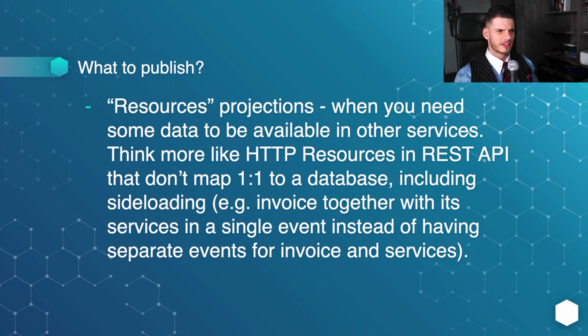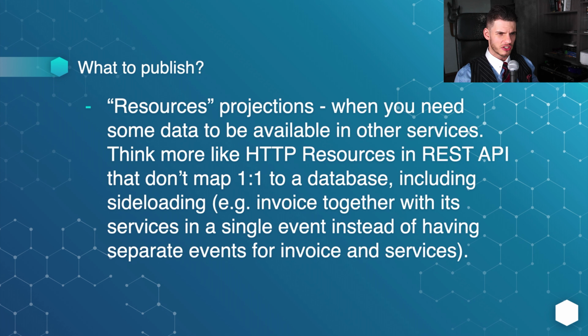One more interesting example is a major improvement of the concept that was mentioned in the what-not-to-publish part. We should not publish raw projections of the records like JSONified database rows, but it might be a good idea to publish resource projections, as an analogy to HTTP REST API resources that don't necessarily map one-to-one to the database tables.